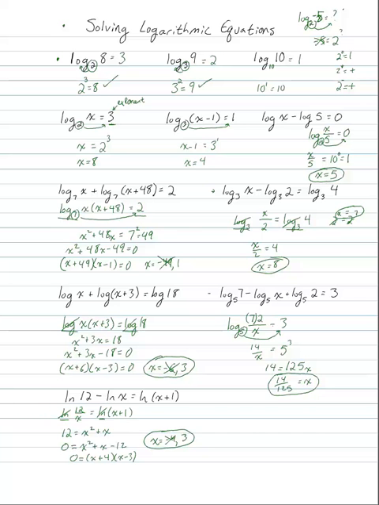Okay, so as we saw, there were two types. Type 1 had logs and numbers. Type 2 was logs and logs. In every single one, we always got a single log.